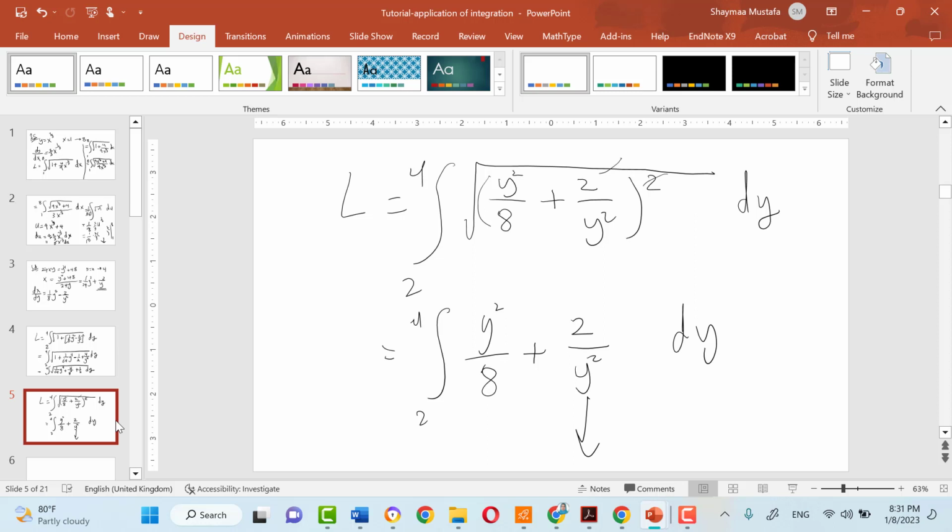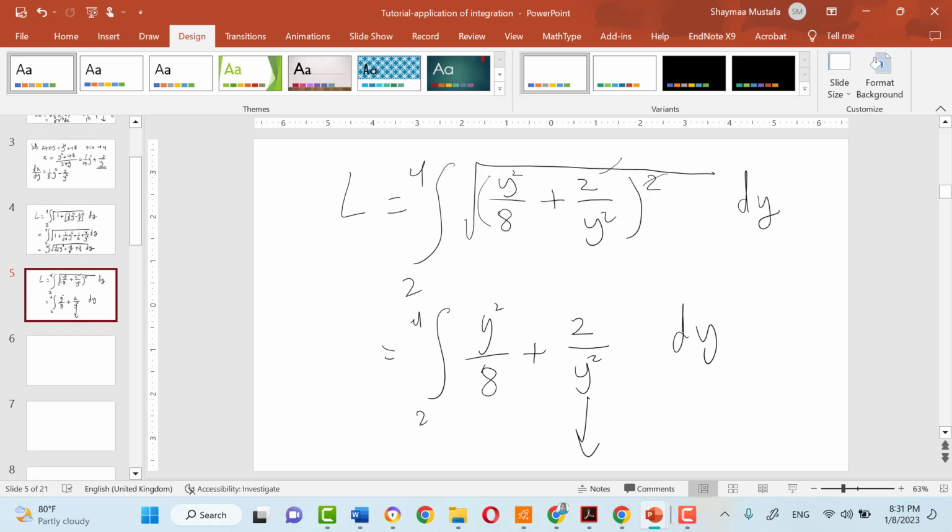This is question 1D. Okay, the next question, we have 1C, 1D, 1E. Also some students ask for question 1E.